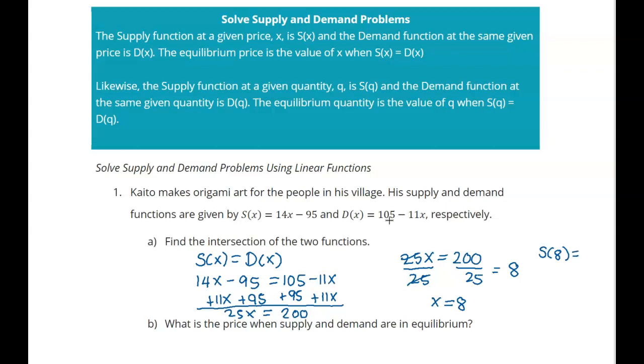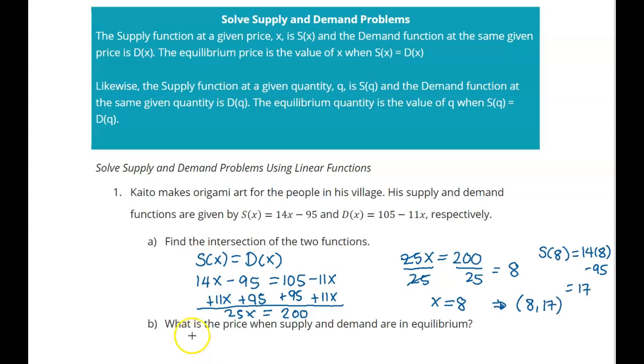So that is 14 times 8 minus 95. Solving for this will give us 17. So therefore, the intersection of the 2 points is the ordered pair (8, 17).